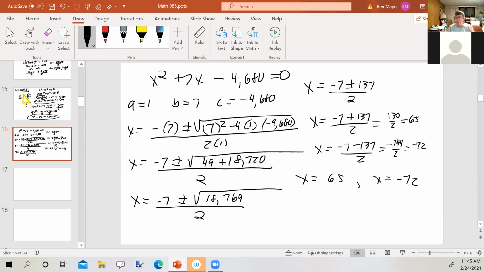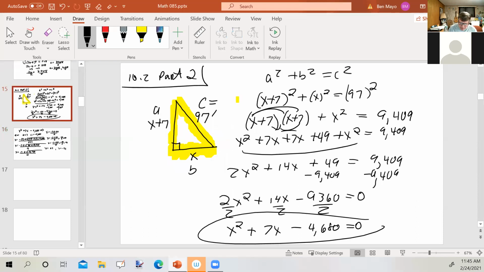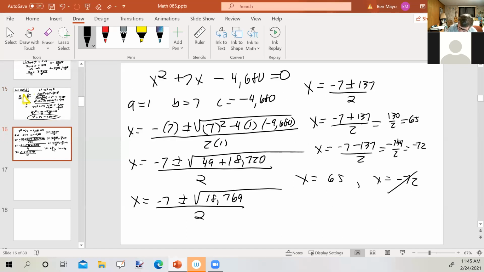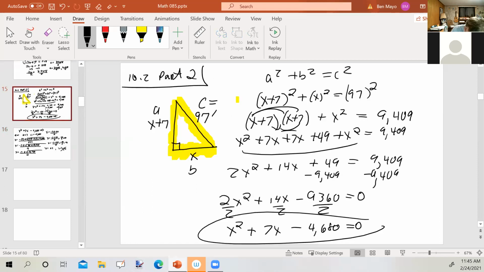All right, so all of that, let's go back here. X and x plus 7 are both distances, so we can't use a negative value for a distance. So this is 65 feet. This is 65 plus 7, which is 72 feet. So if we walk this distance and this distance, 72 plus 65 is 137.